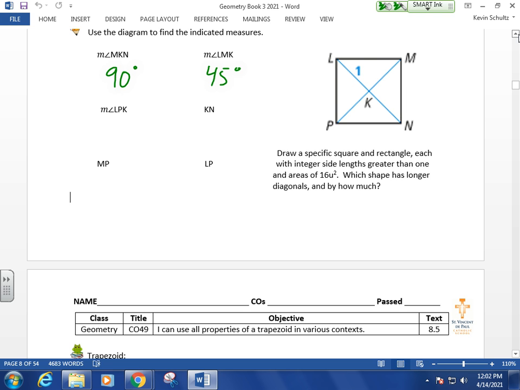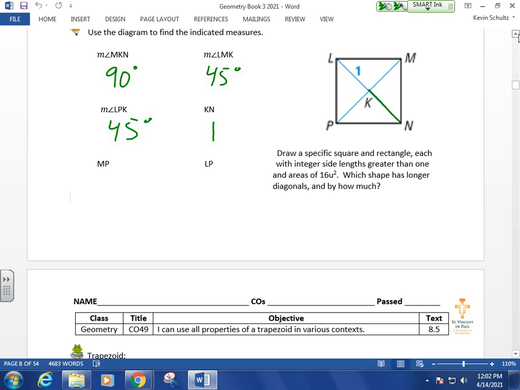Next one, angle LPK. LPK is right here. That again is a 45-degree angle for the same reasons that we just got done talking about. KN, which is this section of diagonal LN, is going to be 1.